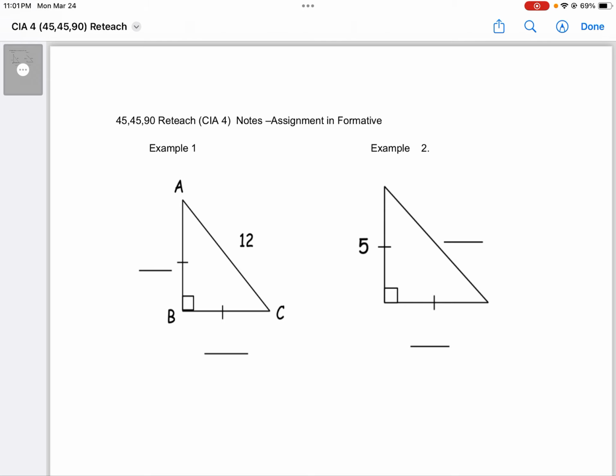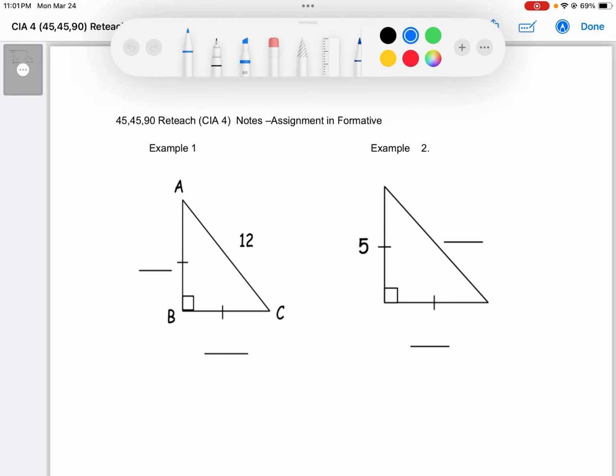So when we're talking about a 45, 45, 90 triangle, we are referencing its angles. So obviously we have the 90, and all of the triangle's angles add up to 180. And because these two sides match, their opposite angles are congruent.